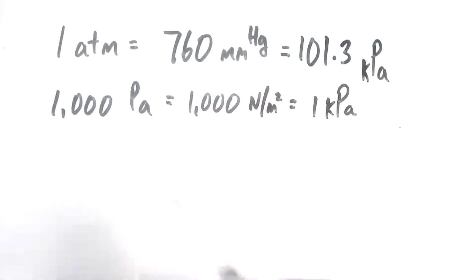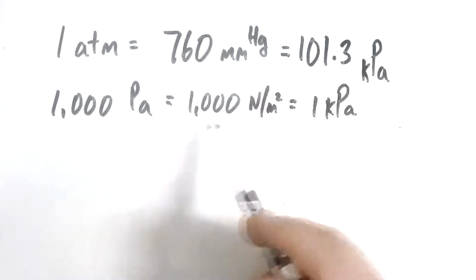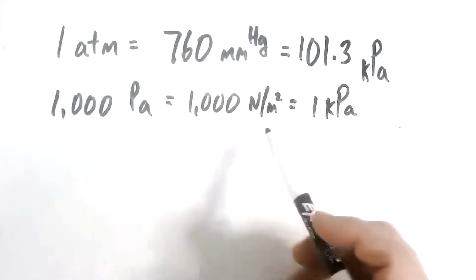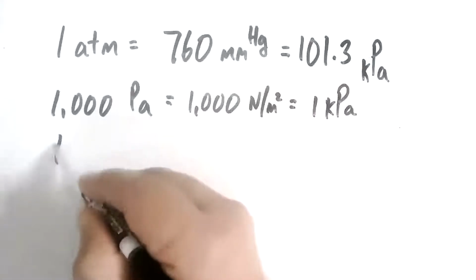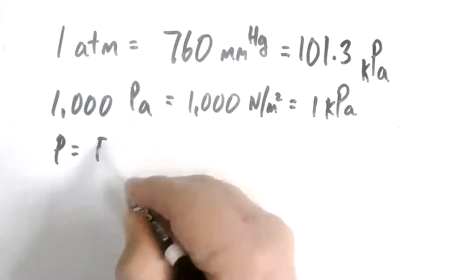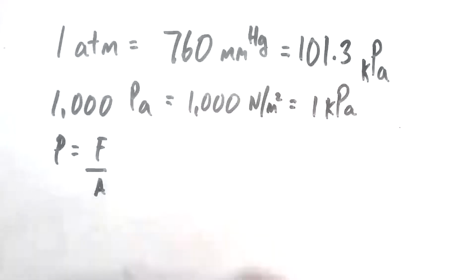And so with the metric unit, we can relate the unit for force and the unit for area to the unit for pressure, because pressure is literally just force divided by area. So with these basic understandings, let's talk about how we would convert.